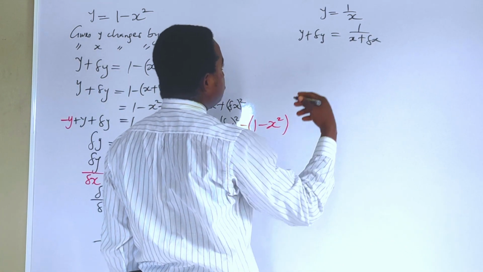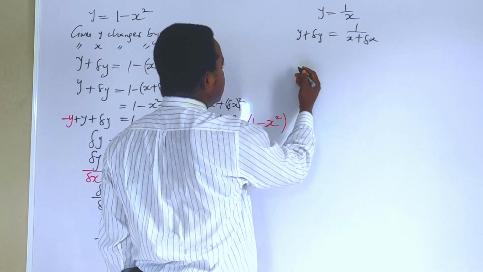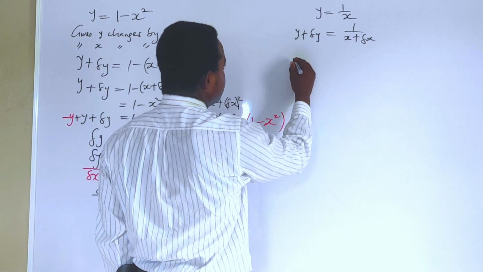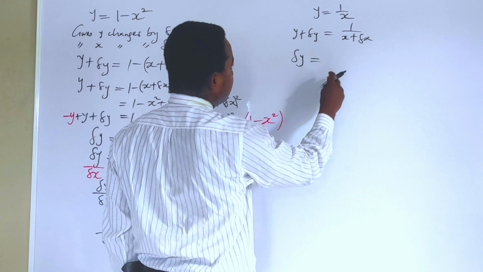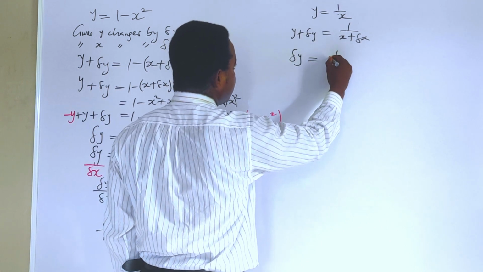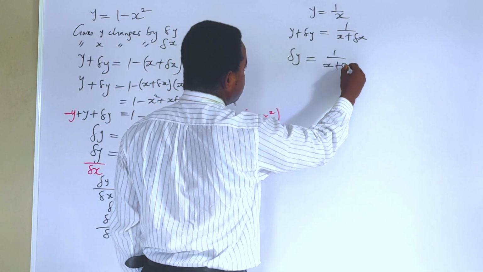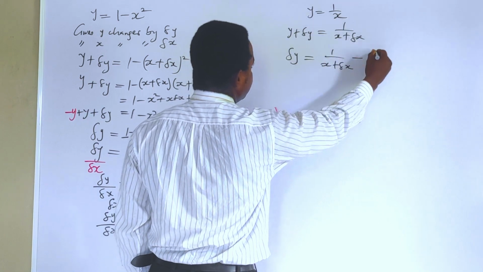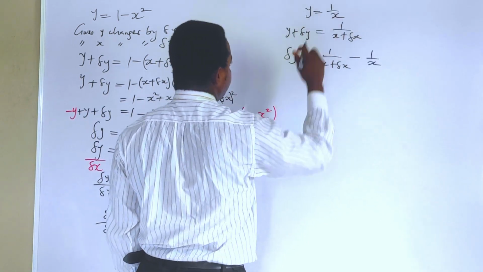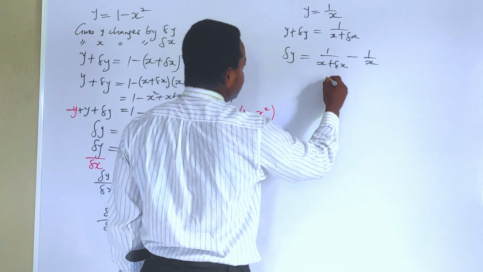So we have this. So the next thing is we simply go on and subtract y from both sides. So since you already know the process, so we have delta y on the left hand side, and that's equal to 1 all over x plus delta x and minus.